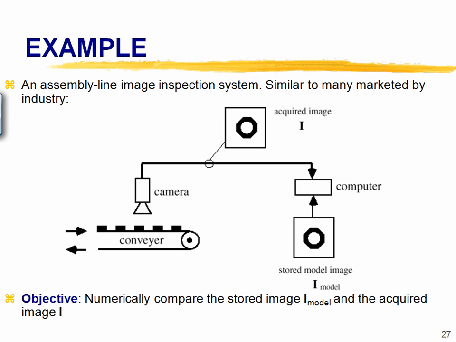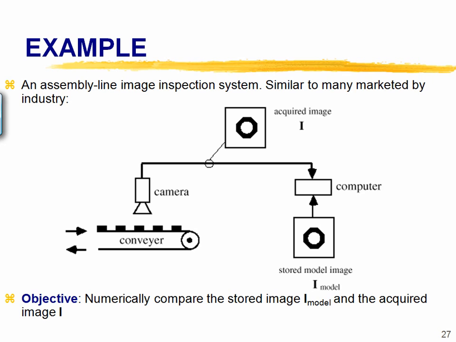Okay? So this is a simple application of binary image processing where, let's say you have a mechanism to convert each of these images into a grayscale image, into a binary image, right? This is what it looked like, and now you have to compare it to this particular binary image. So you have two images that you have to compare, right? Let's call this I model, and let's call this just I, right, for the image that's acquired.